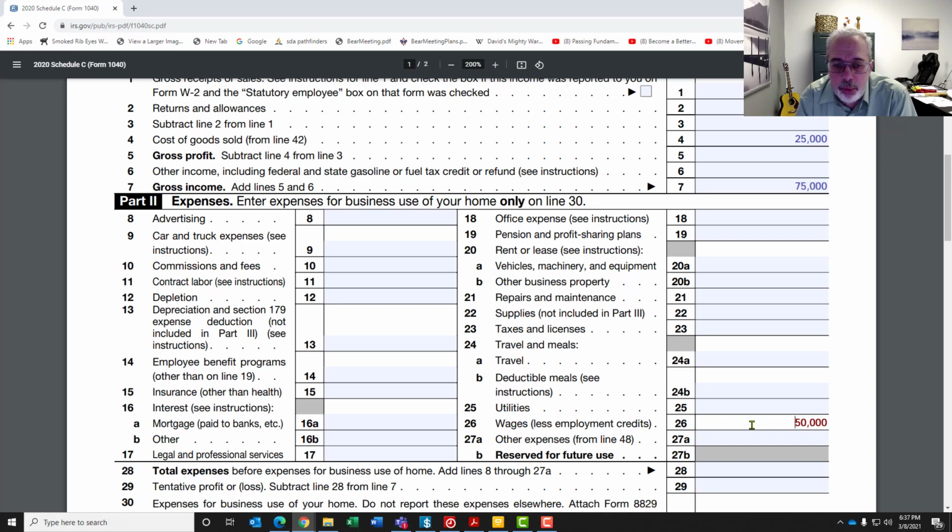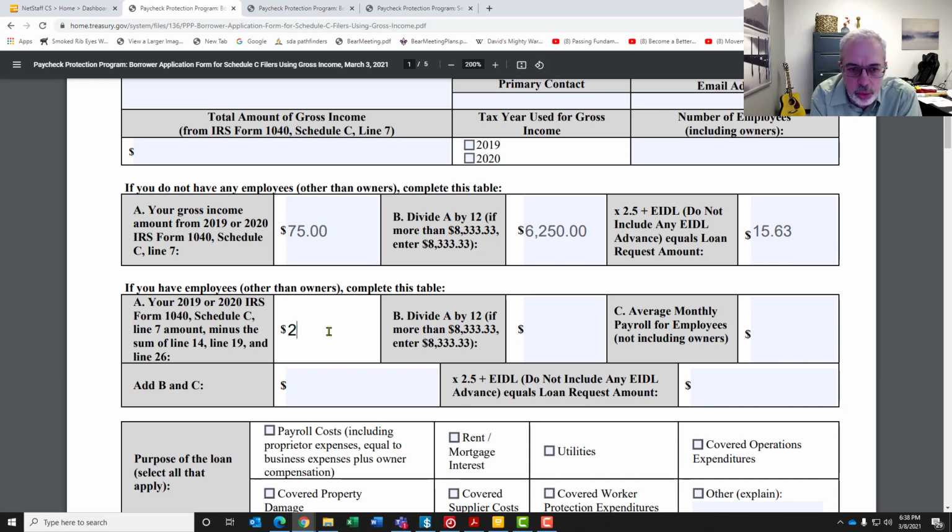So in this example here, to keep it simple, it would be the 75,000 minus 50. That is 25,000 that goes to owner. And that makes sense because 75,000 less what I paid other people in wages is going to be my wages. So it actually does make sense. So 75 minus 50 would be 25. So we are going to put 25,000 here.